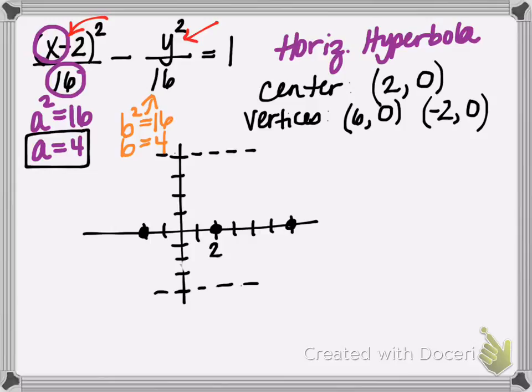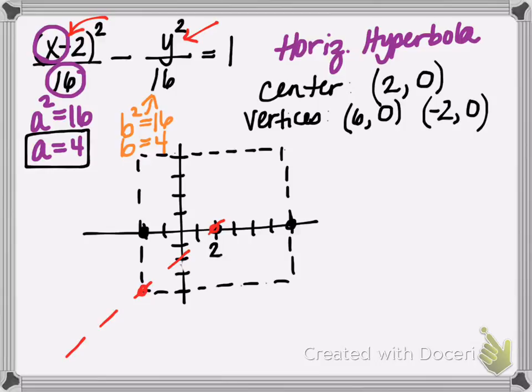And then I will draw vertical lines where I had my vertices, and then just extend these vertical and horizontal lines until they meet, creating what we call the central rectangle, which in this case actually is a square, since a is 4 as well as b. A and b are both 4. So then if I connect the corners of this rectangle or this box and the center using a straight edge would be great.